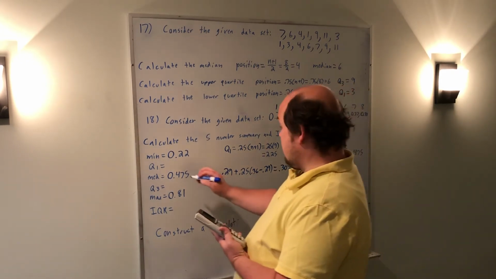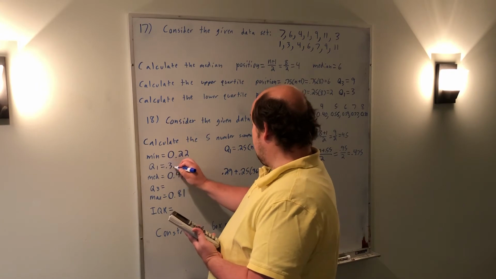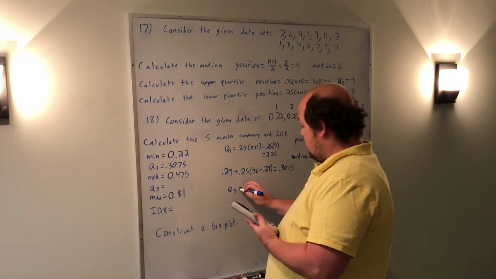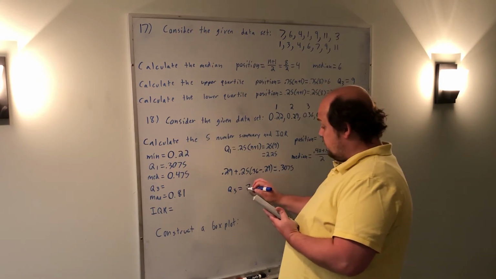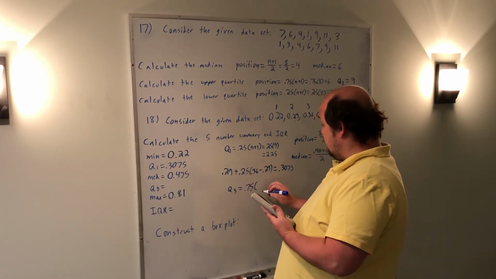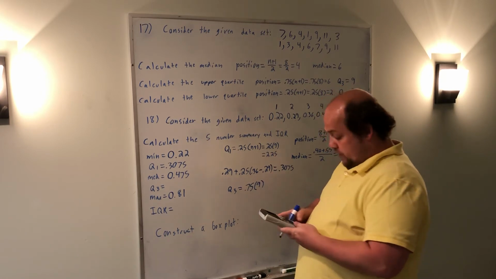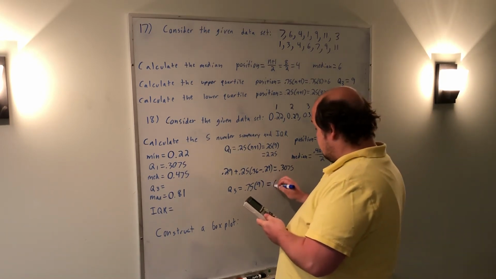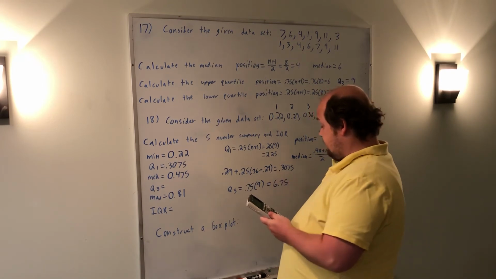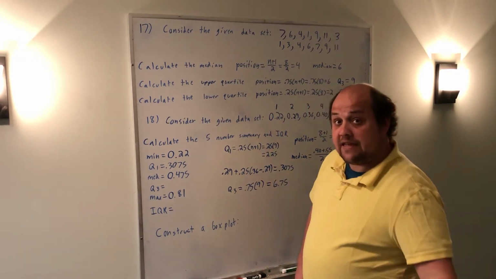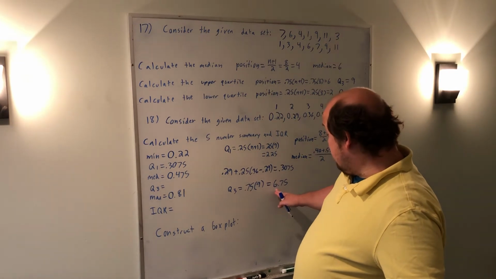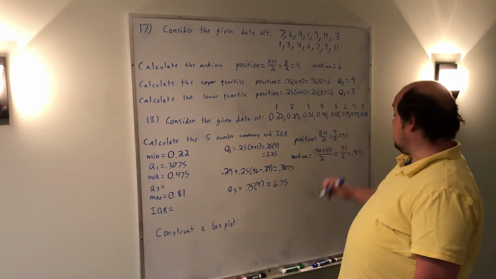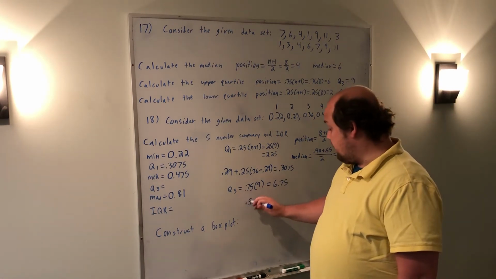I'm going to list that as my Q1, 0.3075. To find Q3, I need to do the same calculation but with 0.75 instead of 0.25. When I do 0.75 times 9, that's where I get 6.75. Again, I need to read this as start at the 6th data point, go 0.75 towards the next data point. So the 6th data point is 0.59.